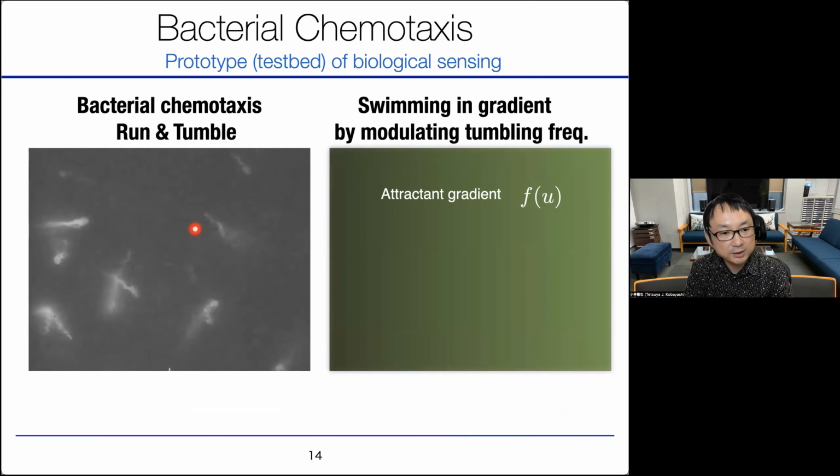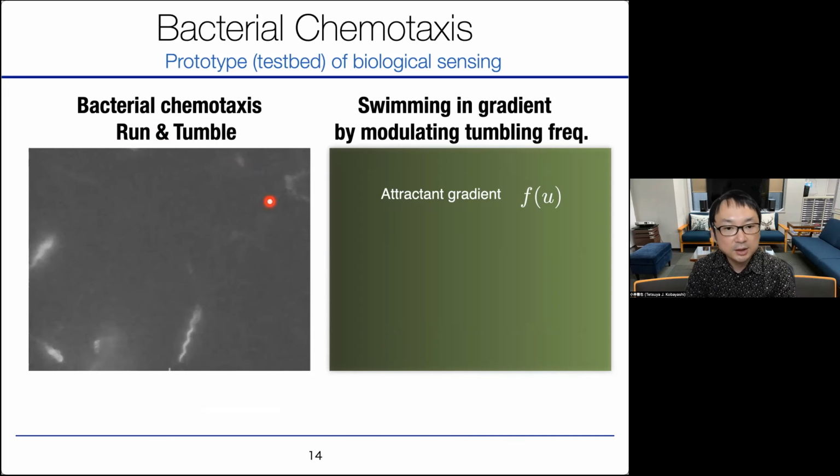One is a ballistic swimming here, for example, that is called run. And sometimes that ballistic swimming is interrupted with a random reorientation that is called tumbling. So there are two modes.